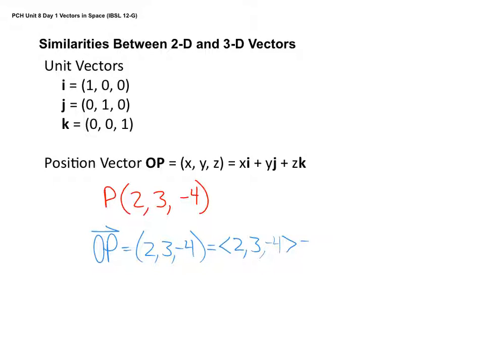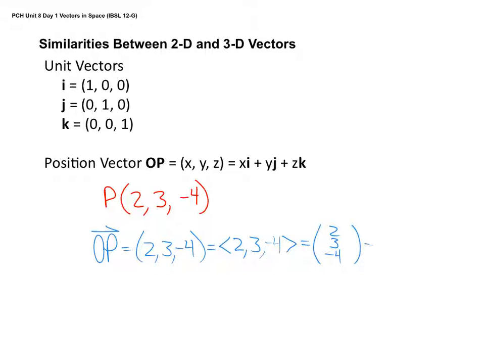Another one that we start using a whole lot in 3D because it makes it easier to write all three is parentheses where we just put them vertically. So 2, 3, -4. Especially when we have expressions for some of our components, as you'll see when we get to parametric equations. We end up using that notation a lot.